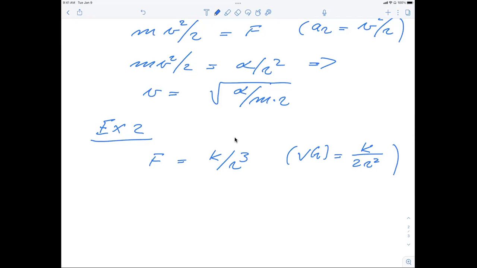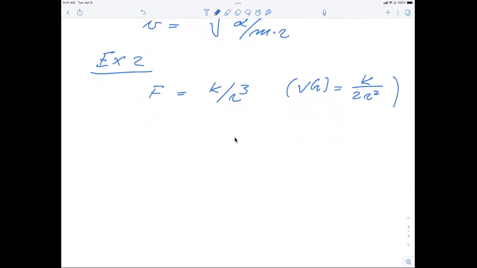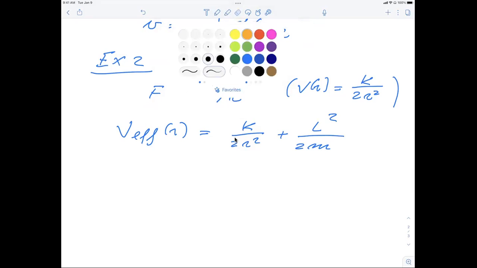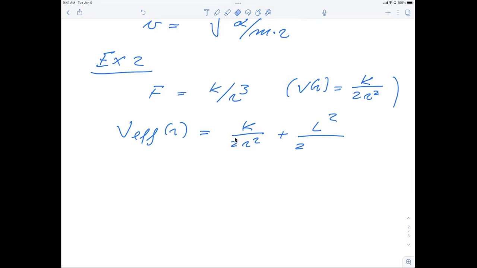Now, if we go back first to the effective potential, when we have made a transformation to polar coordinates, we have this V of r, and in this case, this is K divided by 2r squared, plus L squared divided by 2 mu, because that's the quantity we've been using, over r squared.